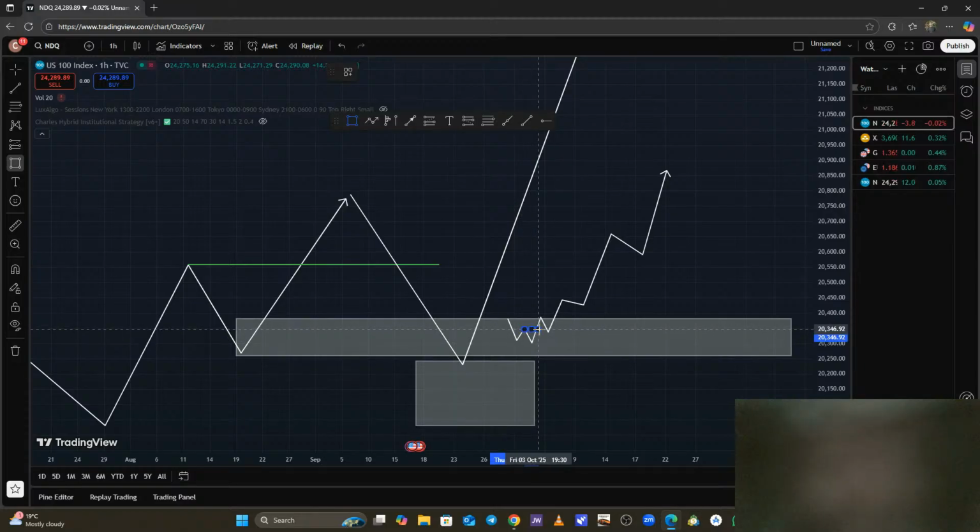So we had a break of this level. So that's a break of structure. Now, this break of structure will also act as our demand zone. So this here will be our demand zone. This zone will be our demand zone, this one. So you see we have a demand zone inside a demand zone.